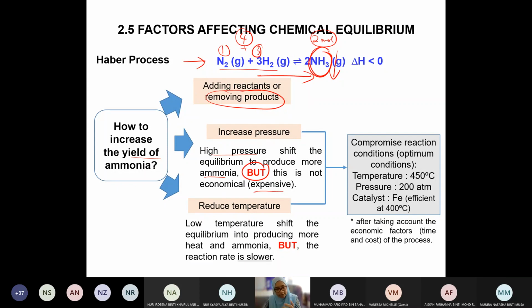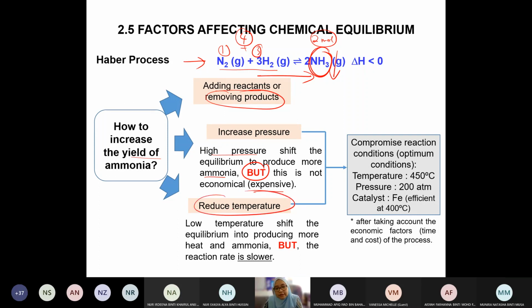When you are dealing with industry, money and time are very important. We do not want to spend more while the profit is not much. So you have to be balanced. Alternatively, we can also play around with the temperature.